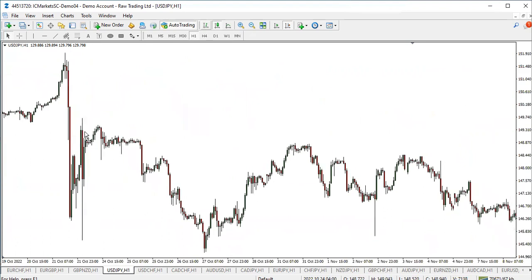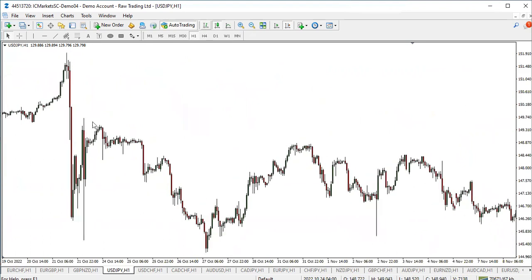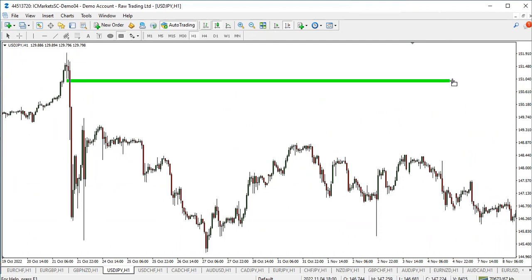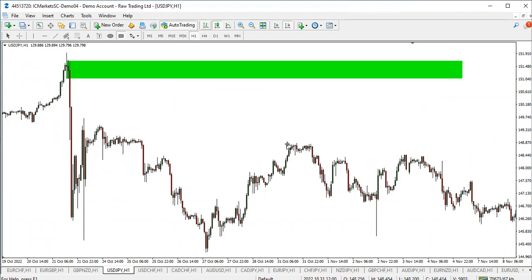Okay. So now, what I mean is, if the market is here, and maybe you're looking to sell this market from here, and there is no area of liquidity here. All these are not area of liquidity.